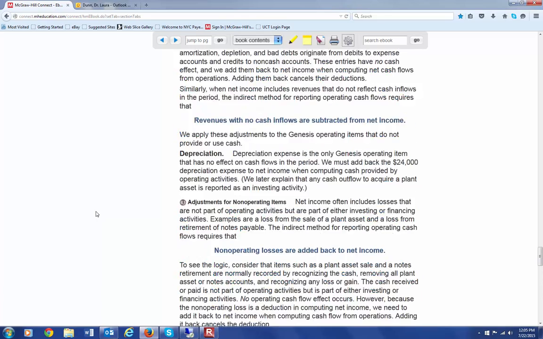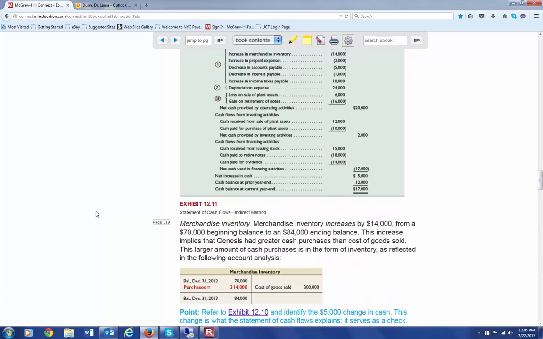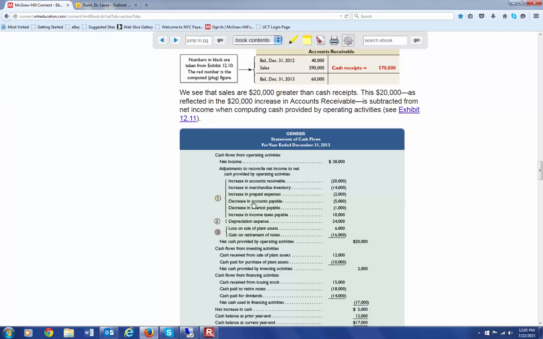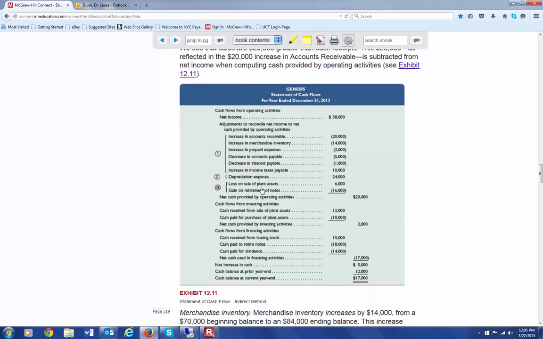All right, so let's go back up to the actual statement. You start with the $38,000 net income, and then you do your increases or decreases based on the information they gave you in terms of which way you do that. And then that will give you your net cash provided by operating activities. In this case, it's $20,000. Now, remember, our cash balance at year end was $17,000. So by the time we finish this, we should come out with this $17,000.